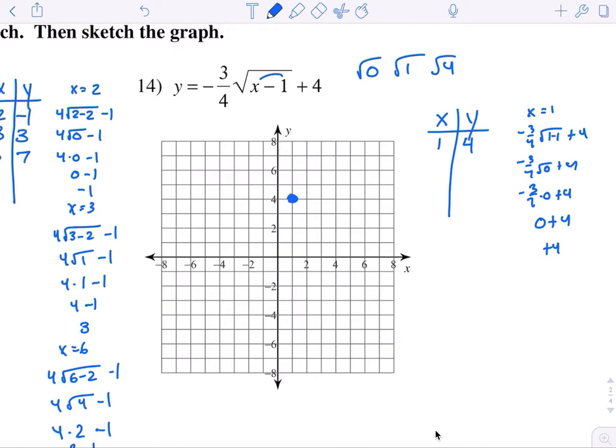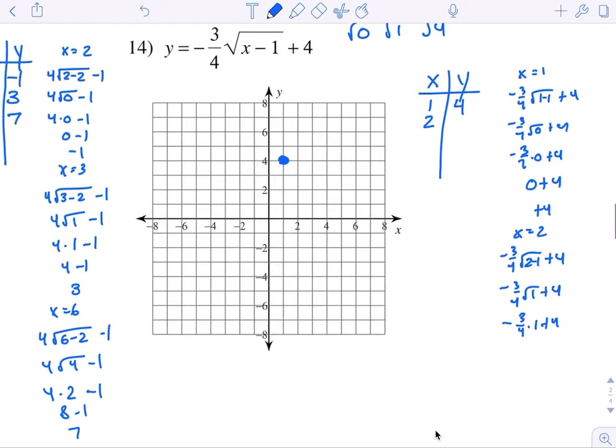Okay, now what value of x will give us 1? That would be a 2. So when x is equal to 2, we get negative 3/4 square root of 2 minus 1, plus 4. Negative 3/4 square root of 1, plus 4. Negative 3/4 times 1, plus 4.